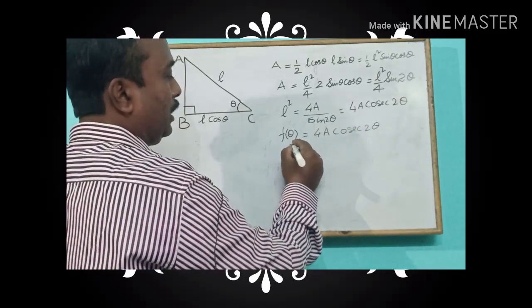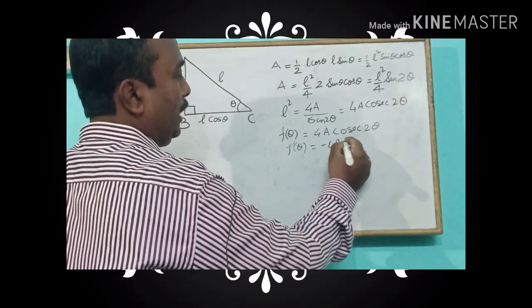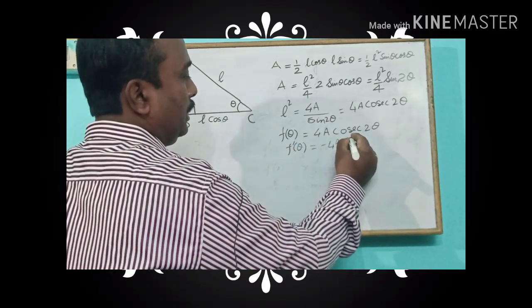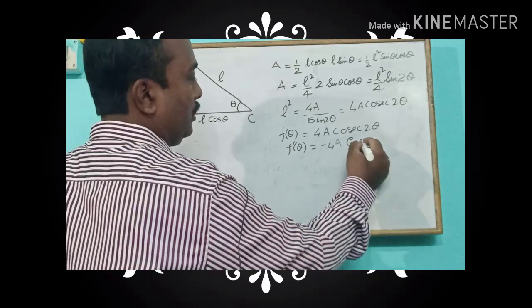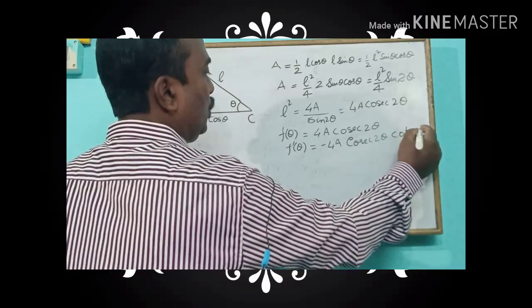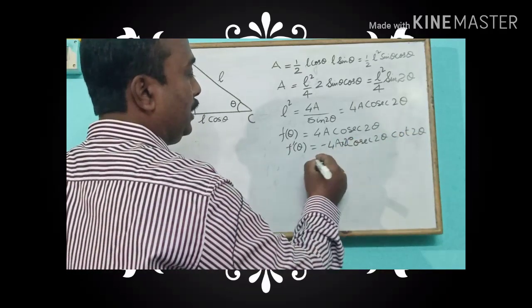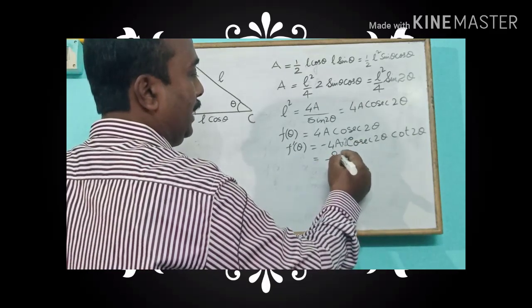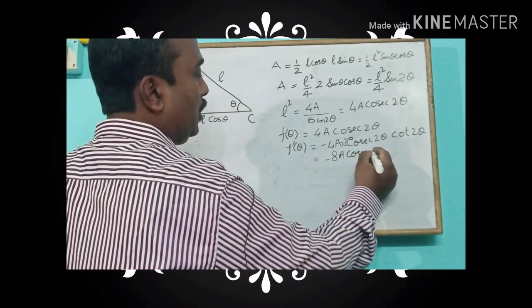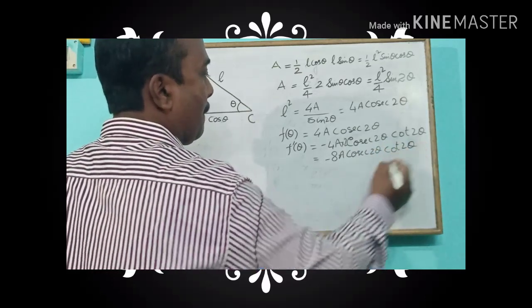So we have to find out the first order derivative, that is minus 4A cosec 2 theta cot 2 theta into 2, that is minus 8A cosec 2 theta cot 2 theta.